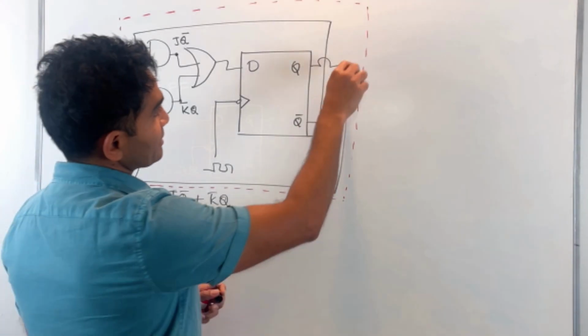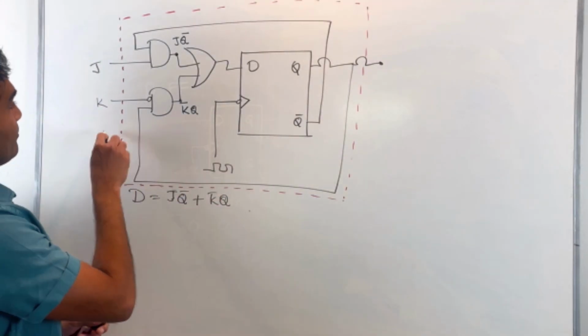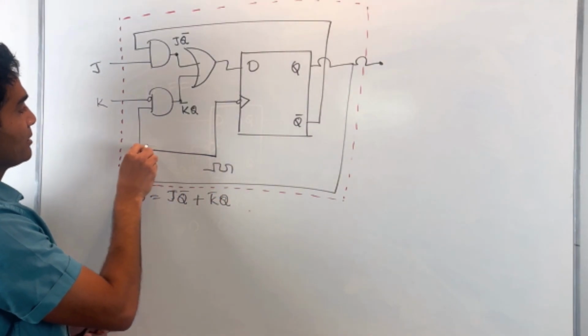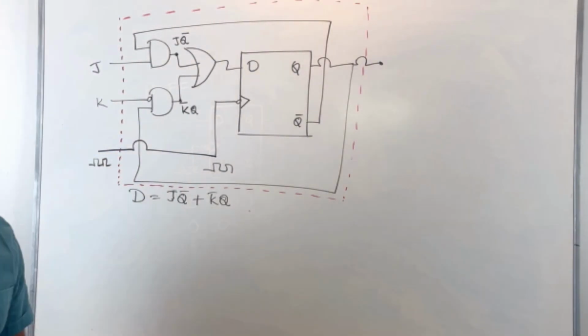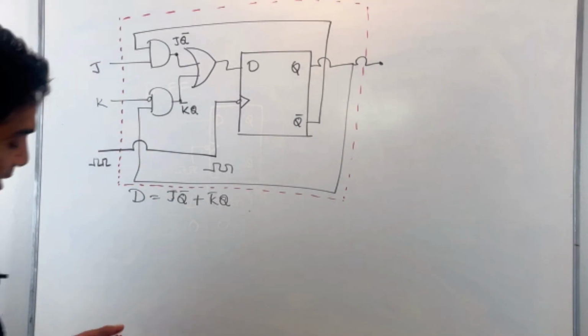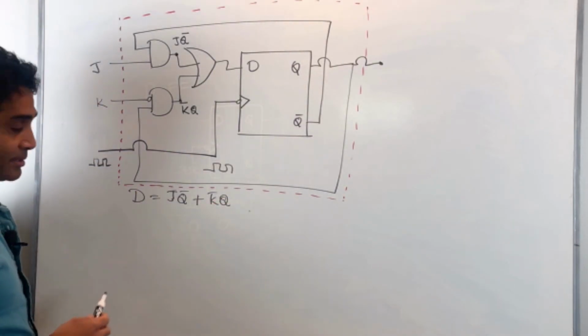And then, of course, I can take the output. This is my output. And that's the clock input. This is where you apply the clock for that block. So this is what we had before. Okay? And so I have two inputs, J and K. So let's derive the characteristic table for this.